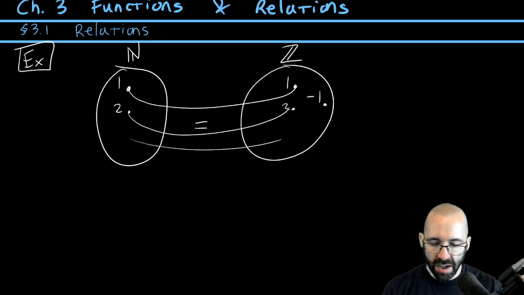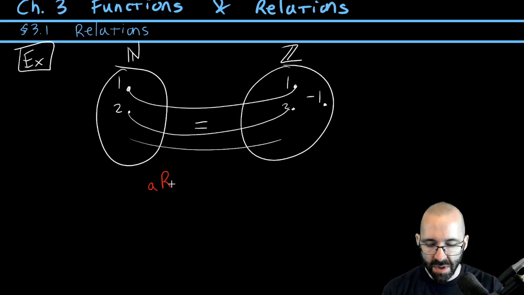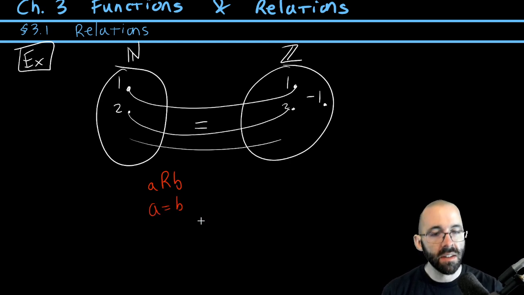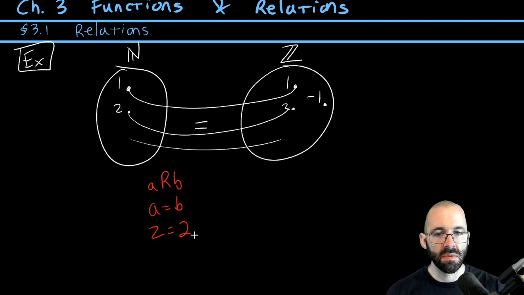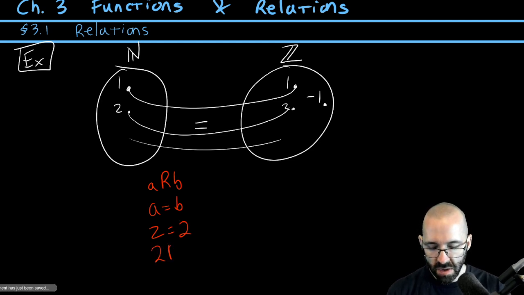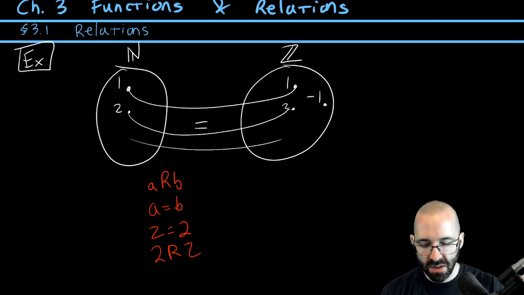Again, over here, we could say that an element A is related to B. We could also write A equals B. For example, 2 equals 2. We could also write 2 is related to 2. So these are all valid things that we can say here. This is a notation that we'll be using.